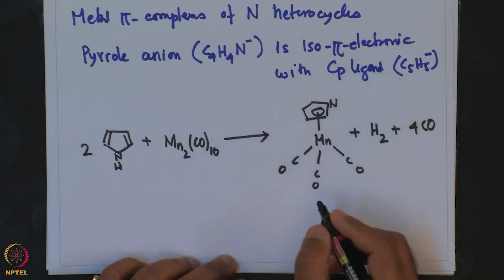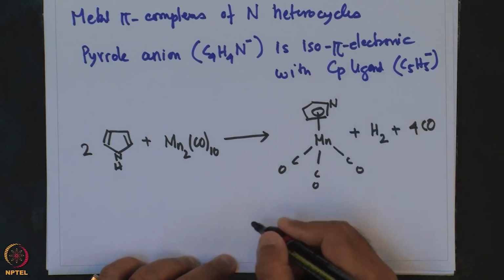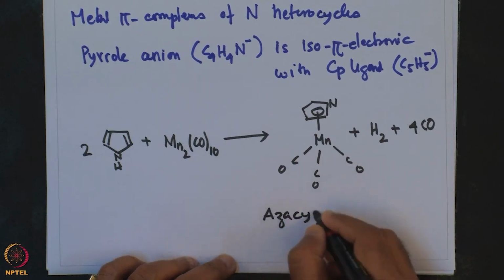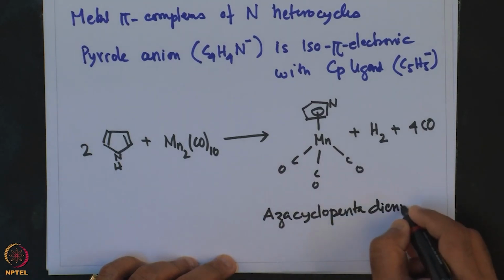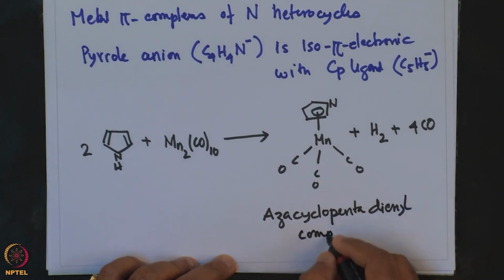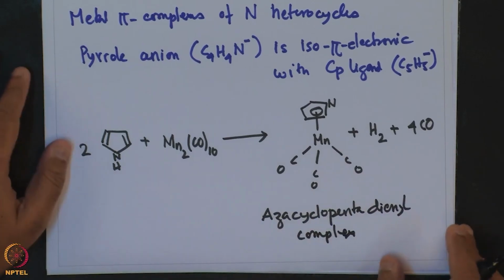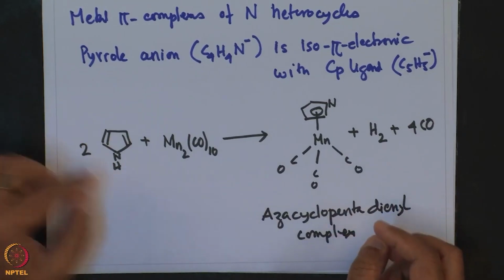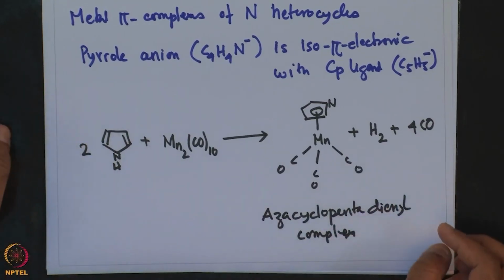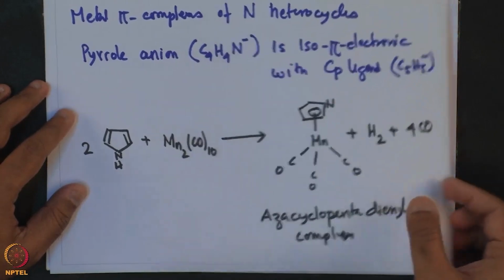So, this ligand is commonly referred to as azacyclopentadienyl ligand. So, this can be directly prepared from the pyrrole, or even from this pyrrole anion from iron precursor. So, the first synthesis that we had seen involved direct reaction of pyrrole with the manganese carbonyl.